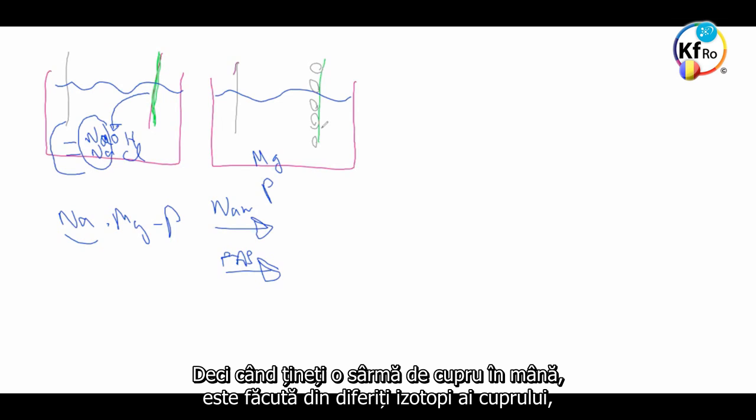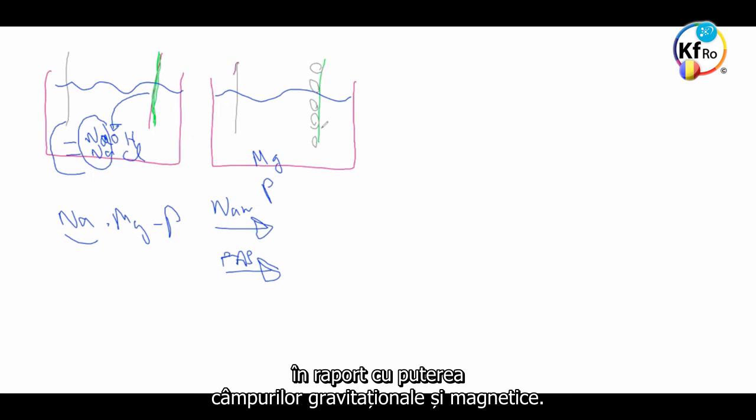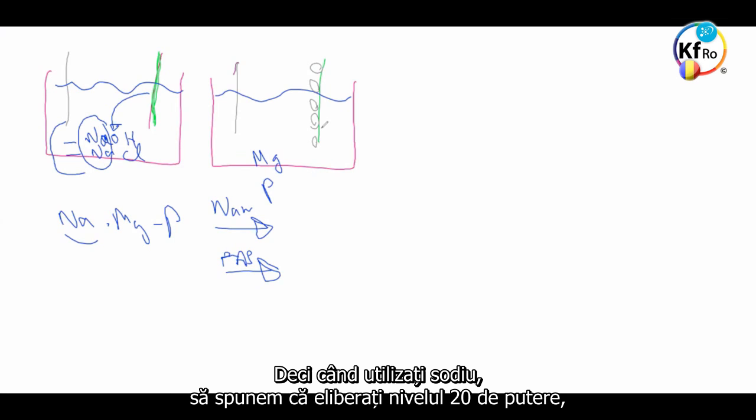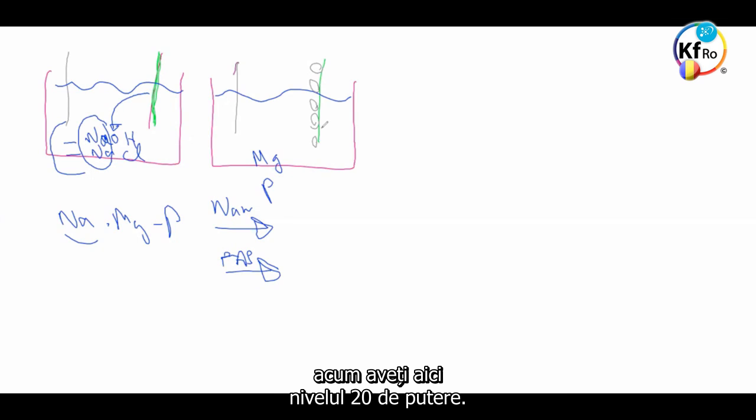So when you hold a piece of copper wire in your hand, it is made of copper of different isotopes in respect to gravitational magnetic field strength. So when you use sodium, let's say you release level 20 strength. Now you have in this here level 20 strength.